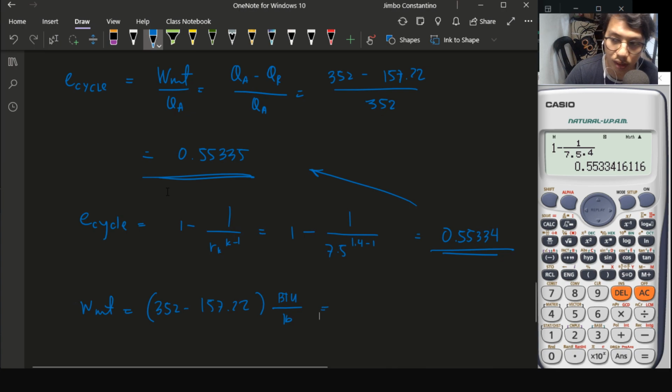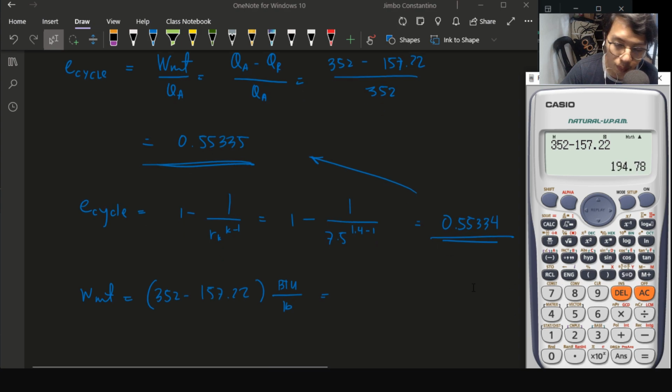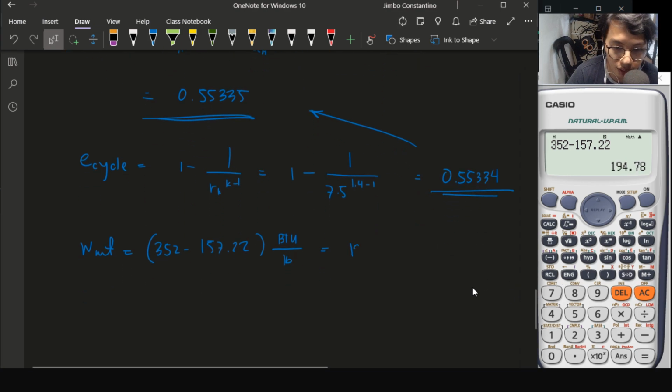That is 352 minus 157.22. The answer is 194.78 BTU per pound. Specific work pa lang to.